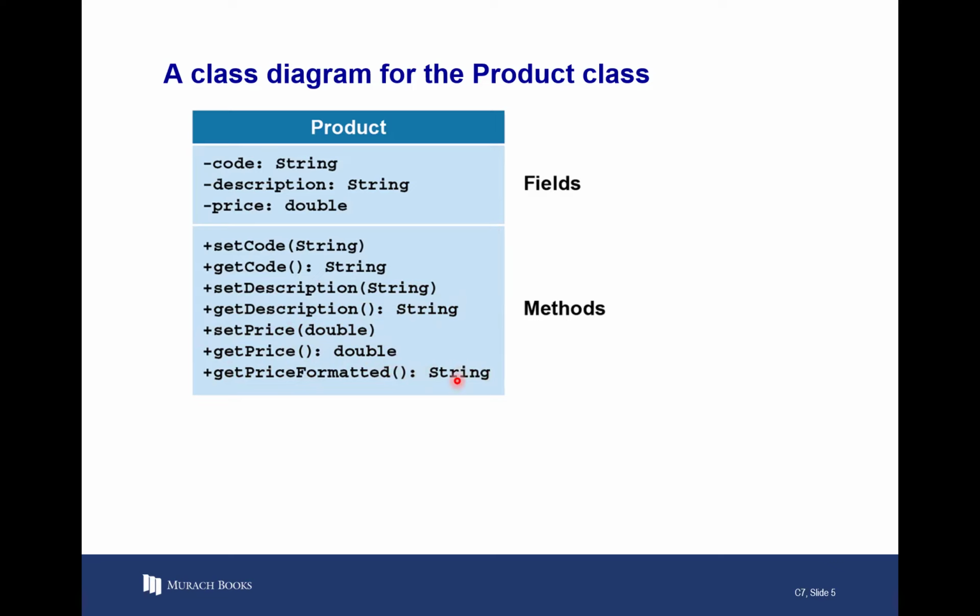So it's a class diagram which will overall depict what exactly this specific class has. This class has three fields and seven methods inside it. So rather than someone actually going into the code and looking at the code, this class diagram helps in understanding what exactly is present in this specific class.